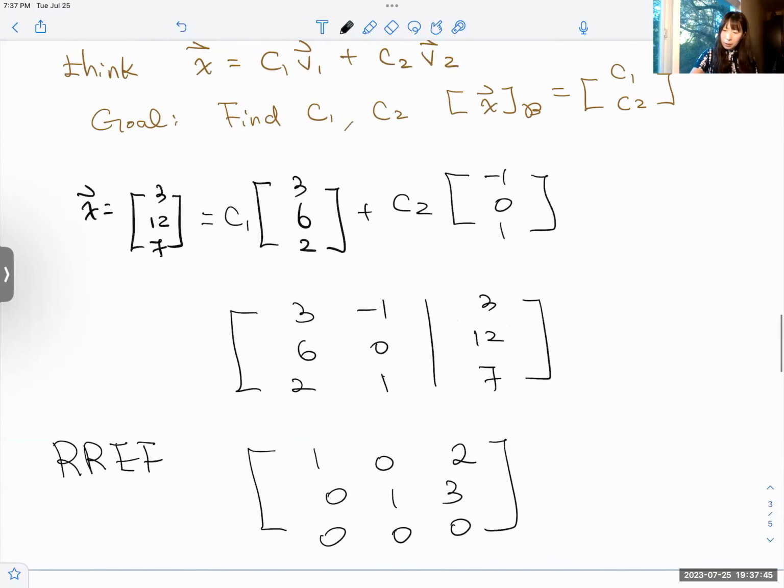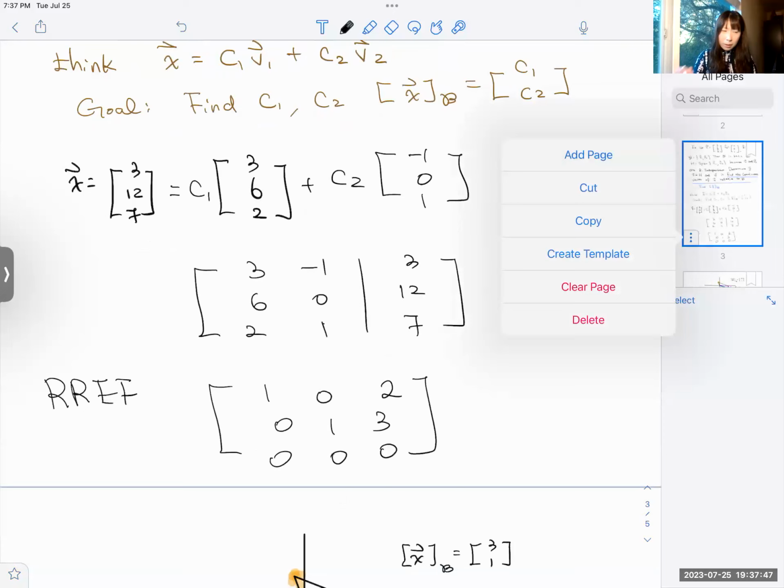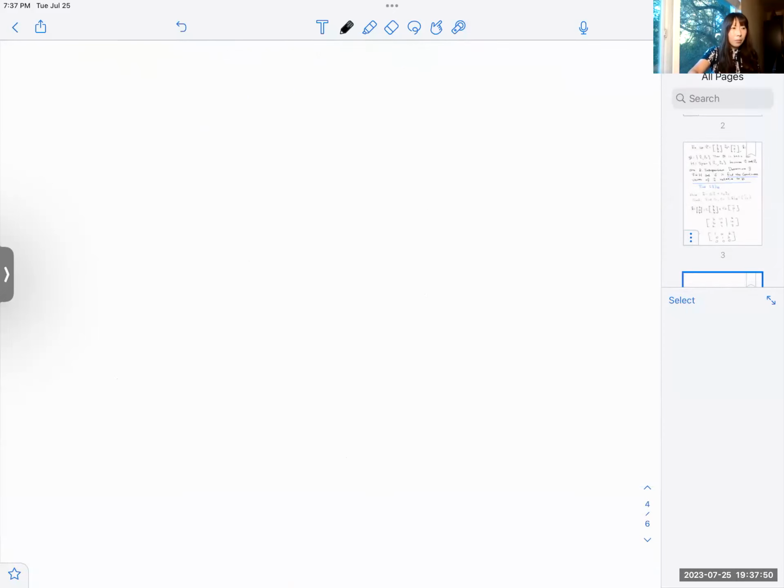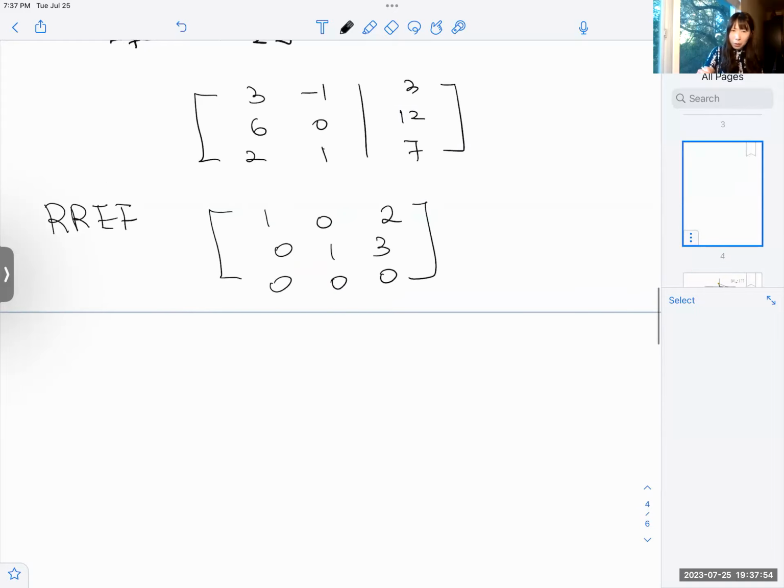This means, so we had a solution before, right? x sub 1, x sub 2. In that case, it's c sub 1, c sub 2, right?